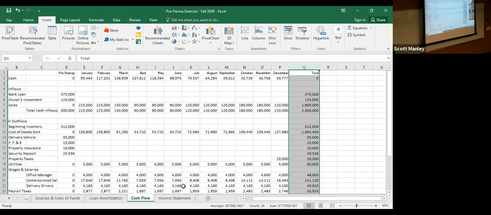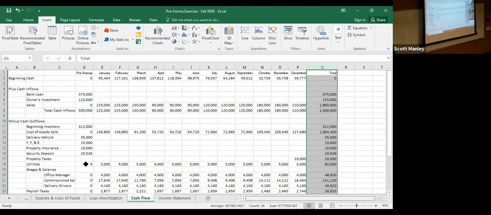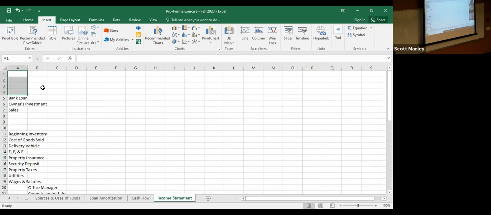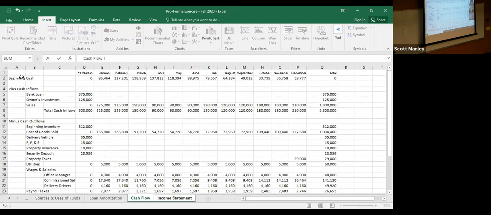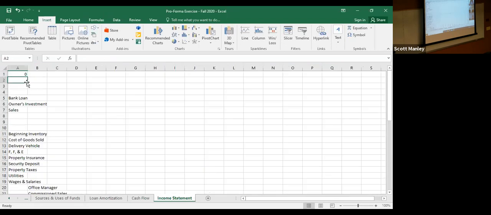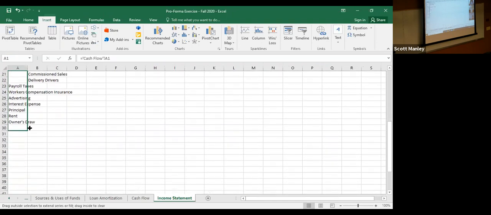Okay, so on my cash flow, I actually copied the wrong cell, y'all. Went to B. I should have done A. Okay. So I'm going to go here and get A. And then I'm going to copy that all the way down. Sorry about that. All the way down. Okay.